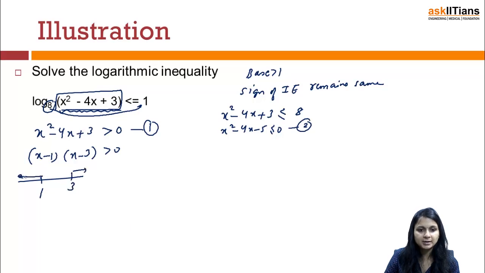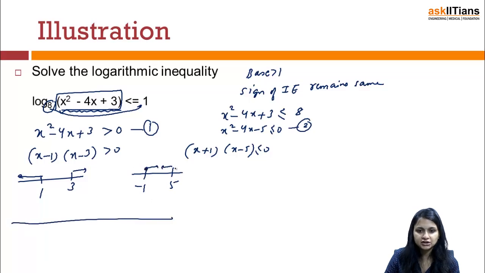Here and here will be my solution. Now x square minus 4x minus 5 gives me x plus 1 and x minus 5 less than equal to 0. So the solution is between minus 1 and 5. Let us plot them on the same number line, and these 2 points will be included. So 1, 3, minus 1 and 5.